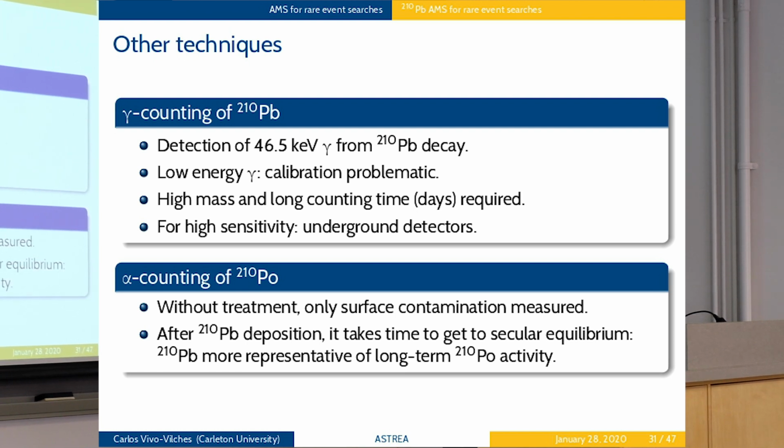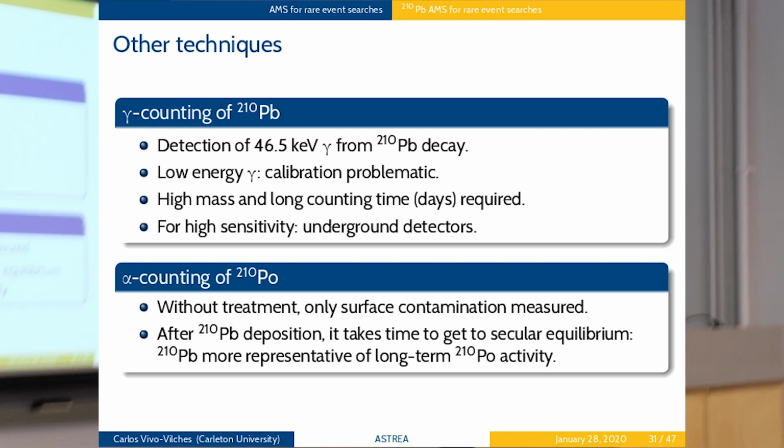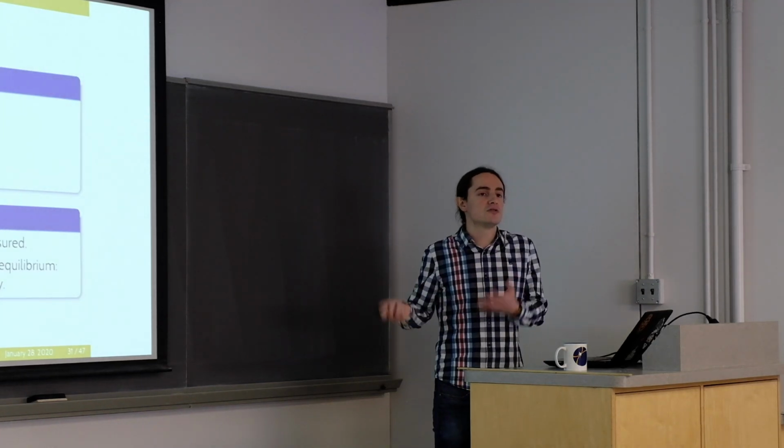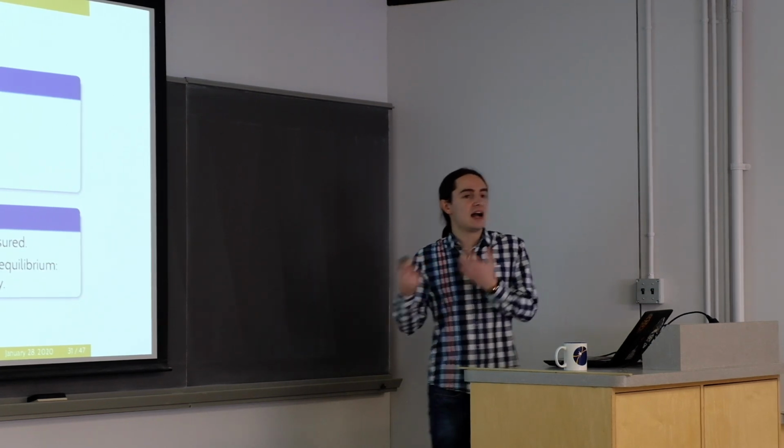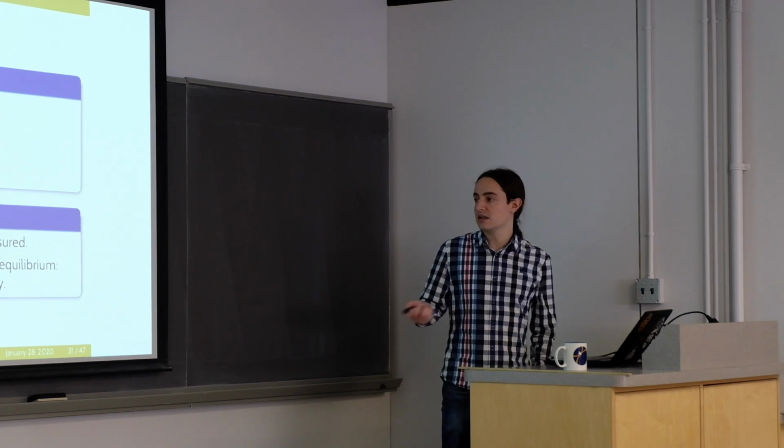The other possibility is to assume that we have a secular equilibrium of polonium-210 with lead-210. So if you are measuring the activity of polonium-210, that should be the same as lead-210. In any case, polonium-210 is the one we are worried about, because it's the one that is going to produce these alpha-n reactions in the detectors.